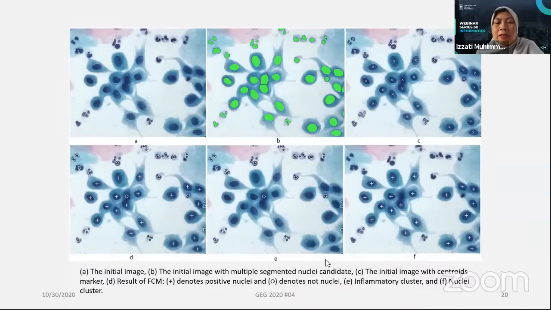The not nuclei will be labeled as the inflammatory cluster. That's the first tackle to see the number of cells, how many cells are epithelial and how many are inflammatory.